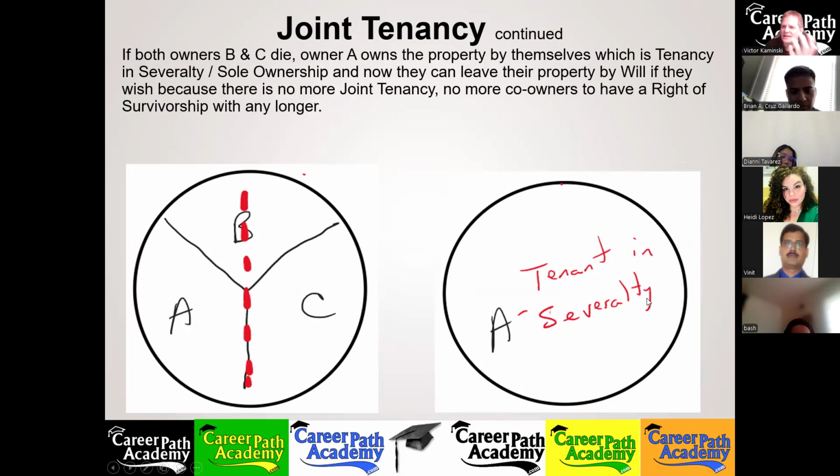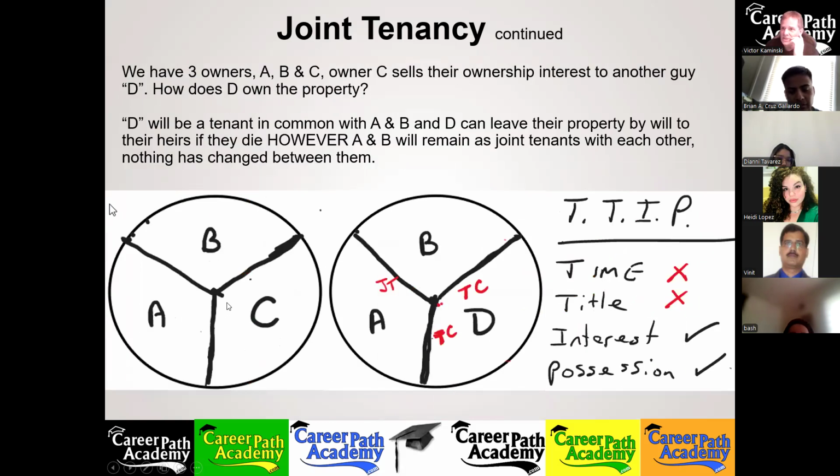Now they own as tenants in severalty, sole ownership where your interests are severed from all others and you're free to sell that property, give it away, or leave it in a will. But remember, if you have joint tenancy, just like tenancy in common, you could sell your interest without your co-owner's permission.